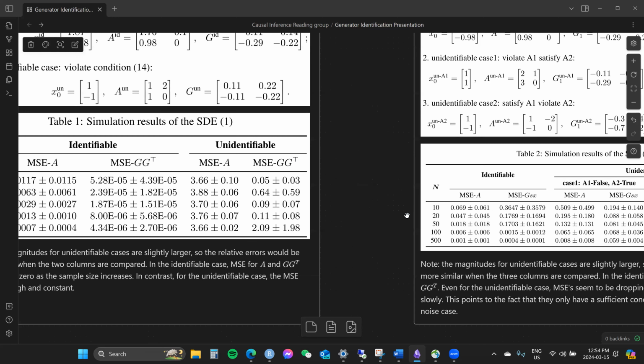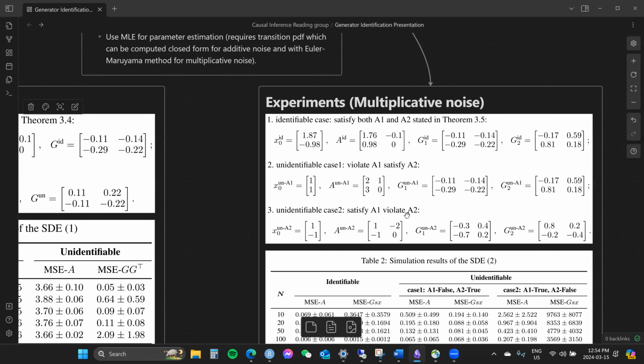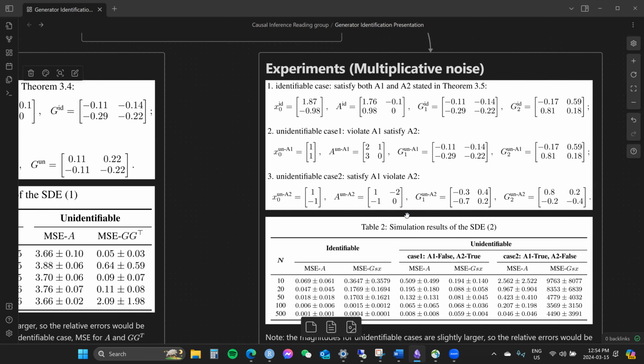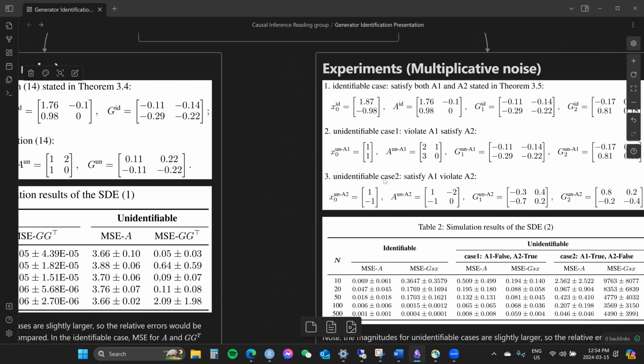Next, in the multiplicative noise case, they have 3 examples. It does really have that flavor of the noise never pushing you in one of the directions. So there's one dimension of your space that you just can't observe. Yeah, it's exactly right, because G is just using one vector basically.